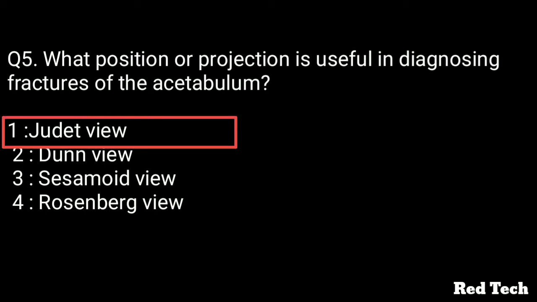Basically in the Judet view, which is the oblique hip joint view, the affected part is taken in a 45-degree angle, and when you give the projection, the acetabulum fracture will be visualized very clearly.